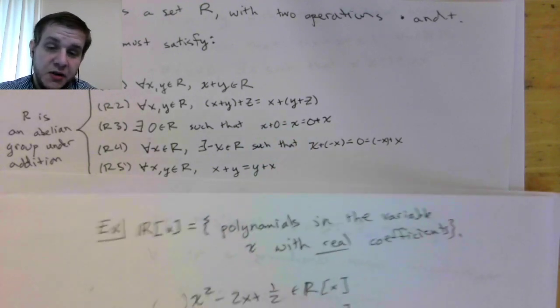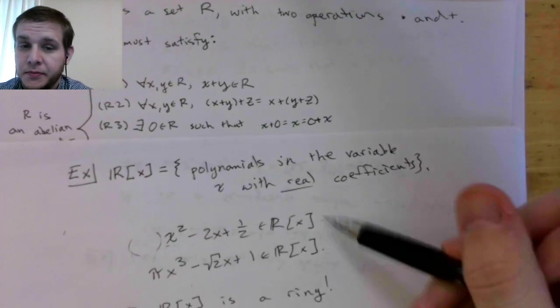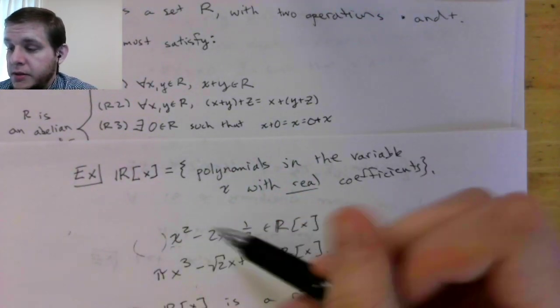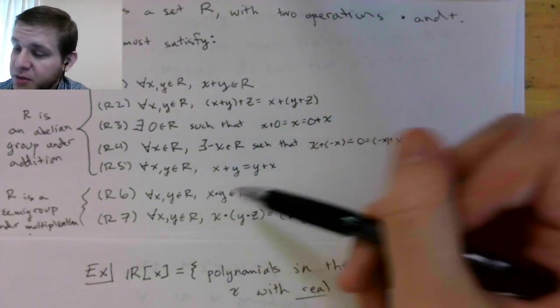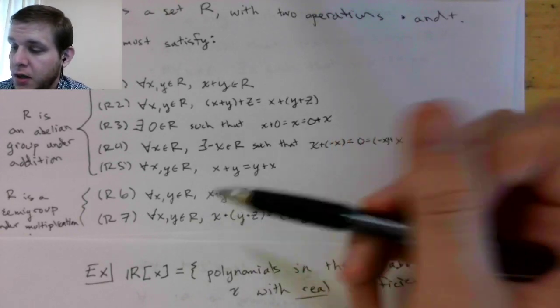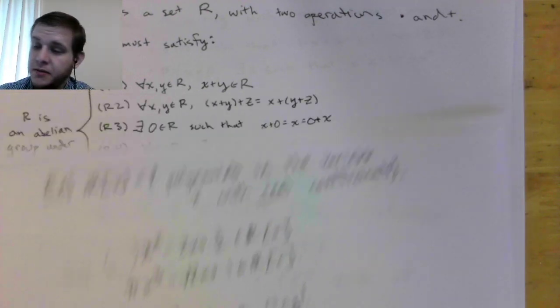And addition is certainly abelian. Here the ring multiplication: of course, when I multiply two polynomials, I get a polynomial.